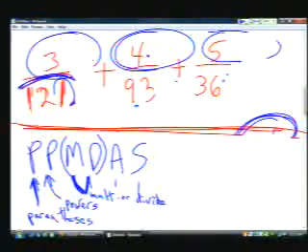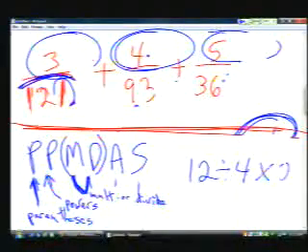So sometimes you will do the division before the multiplication. If you have 12 divided by 4 times 2, this division will take place before the multiplication. So you will take 12 divided by 4, which is how much, Courtney? 3. And then you'll take the 3 times the 2 and get 6.